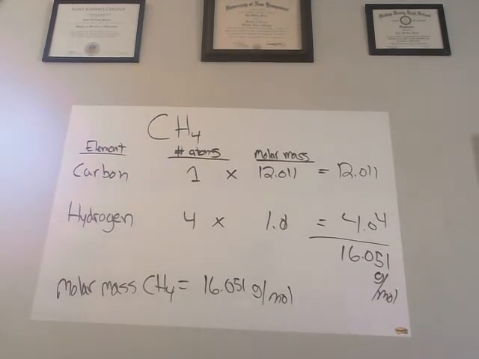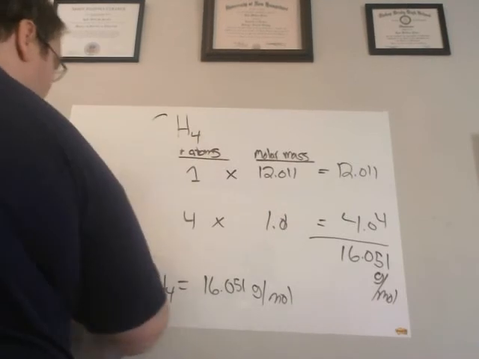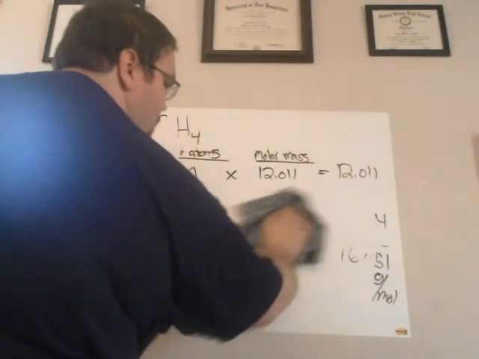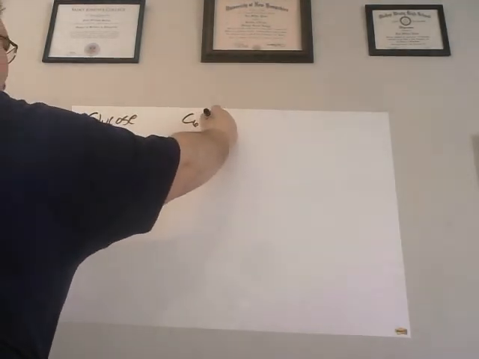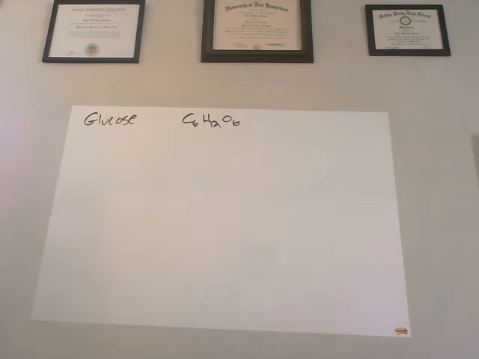So let's do one more as an example for you. Let's do a big one. We'll do glucose. And glucose is C6H12O6.